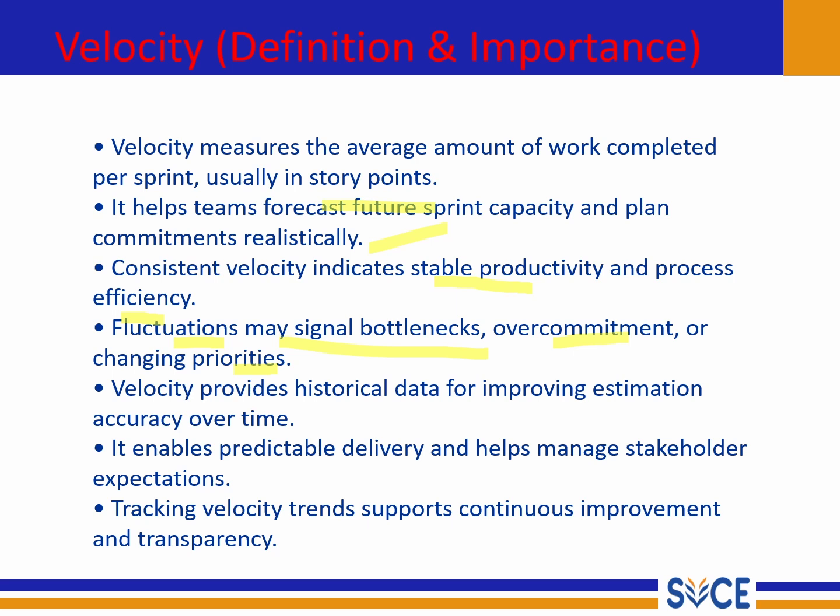Another key point is velocity provides historical data for improving estimation accuracy over time, making planning very reliable. It enables predictable delivery and helps manage stakeholder expectations, keeping all the processes transparent and continuously improving. Velocity is not just a number, it is a mirror that reflects how healthy and steady our Agile process really is.